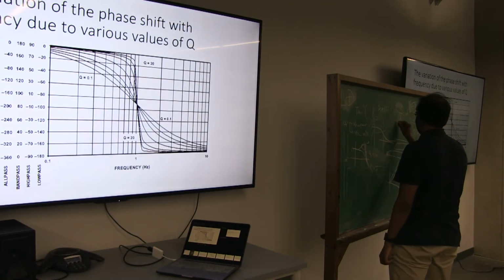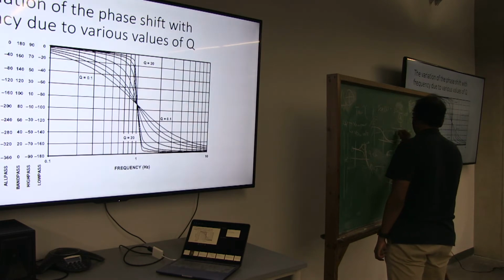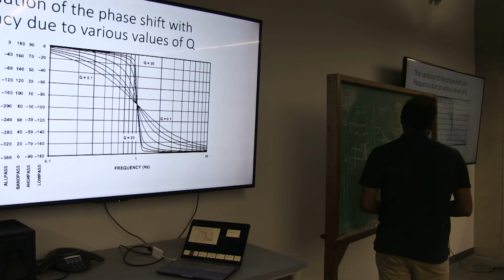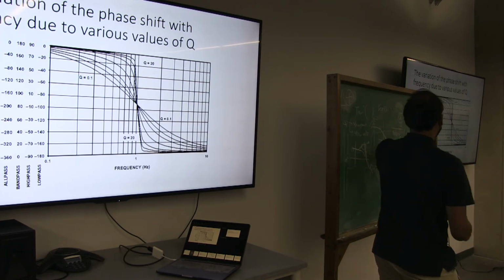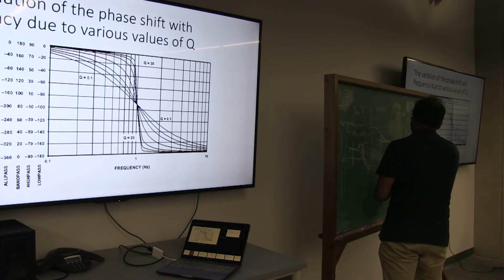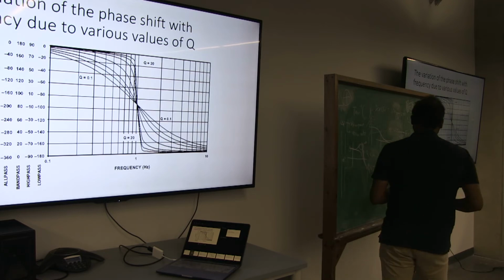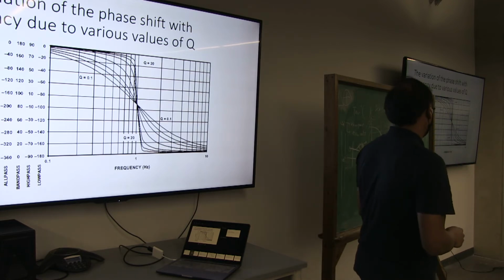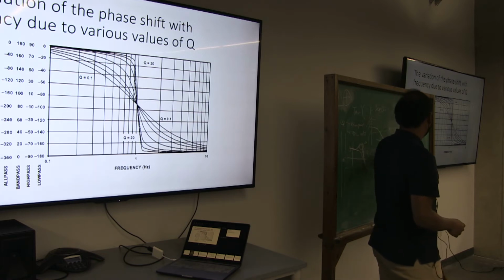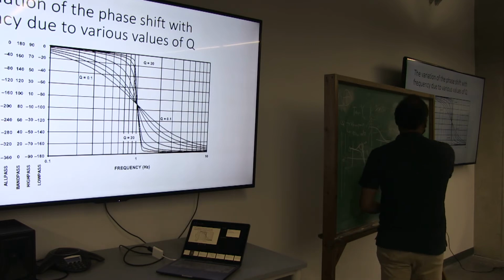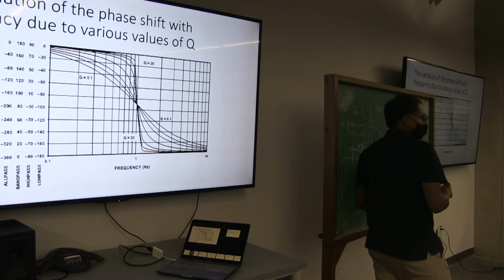So if we look at a first order transfer function, whenever we want to calculate the phase shift, we'll take this transfer function and then calculate the phase shift.